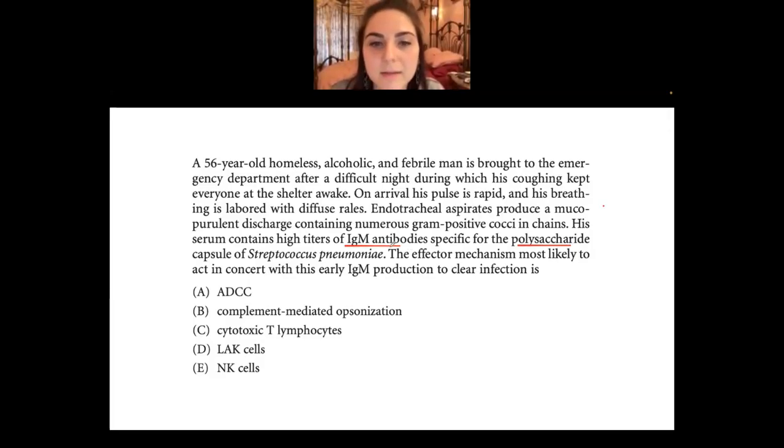So the question, the effector mechanism most likely to act in concert with this early IgM production to clear infection, is basically just asking why is the body even producing IgM? If we know it's a weak mechanism, it's IgM, so it really can't do many things, but why do we still get IgM produced? That's what this question is asking.